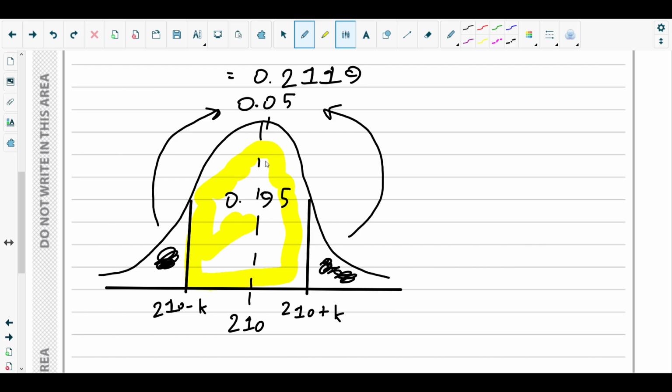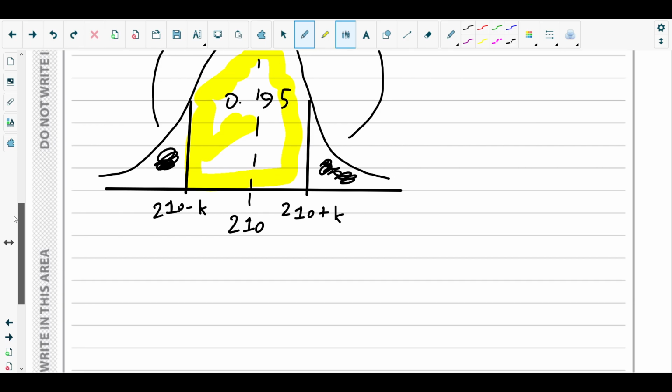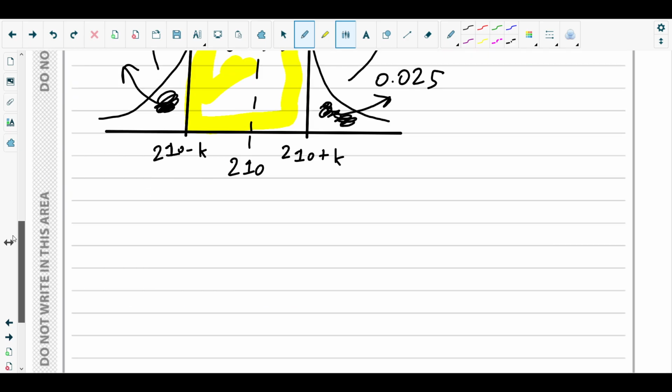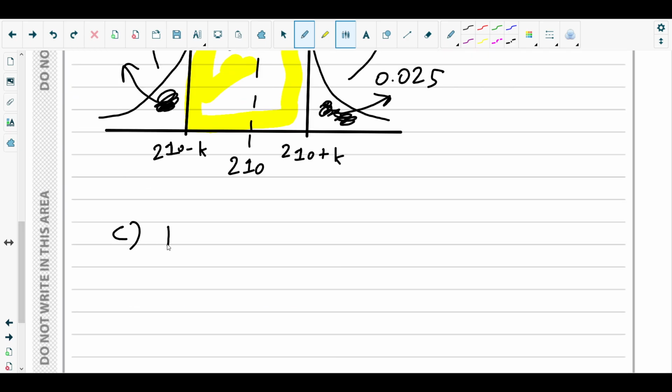We know that the area under the whole bell curve should be 1, since the total probability is always 1. So that means we can write here, only this one is 0.025, and that is also 0.025 using symmetry.